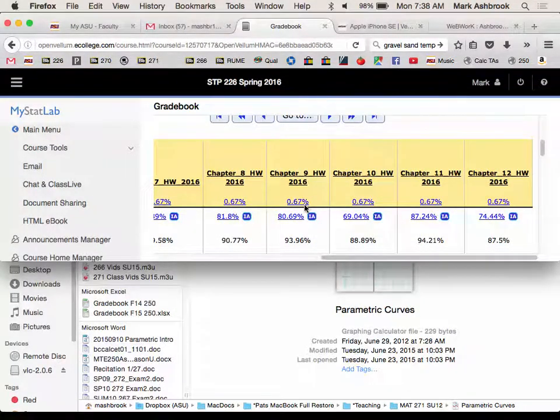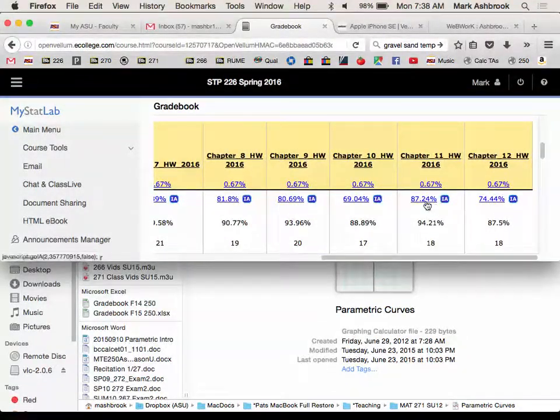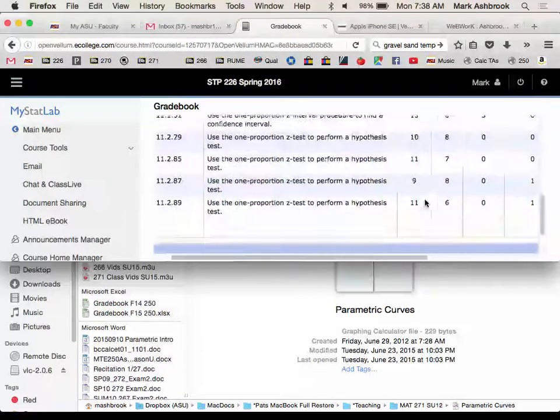What chapters did we have for this weekend? 11 and 12? So 11 had high success.